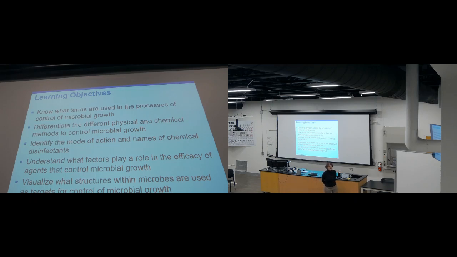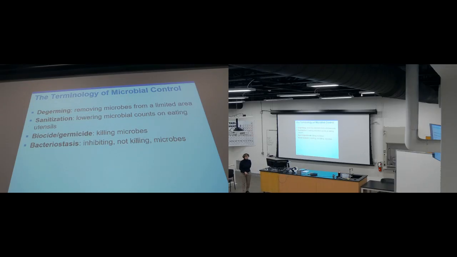And we are also going to see what factors play a role in whether a disinfectant or a method is efficacious or not. And as well, we're going to see what are the specific structures within microbes that act as a target for the control of microbial growth.